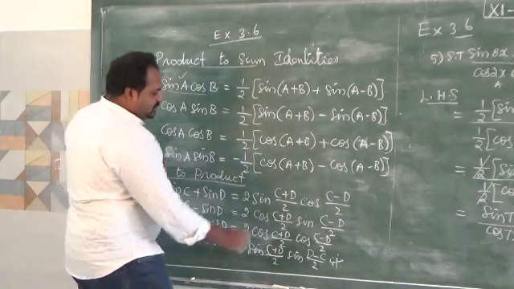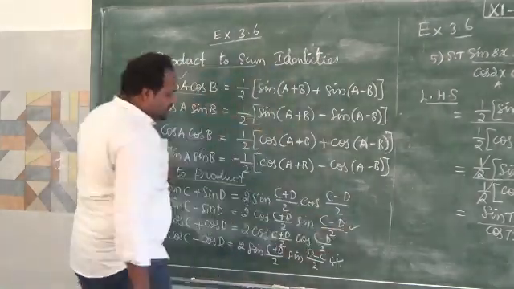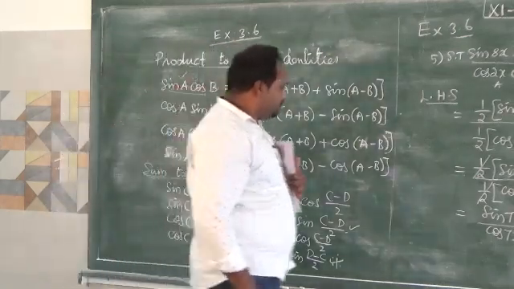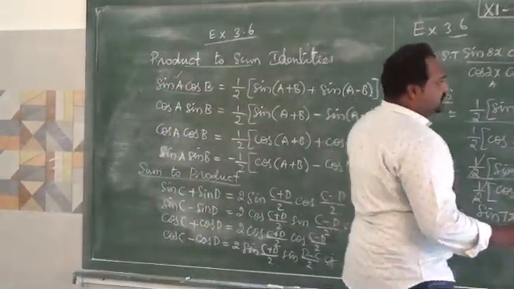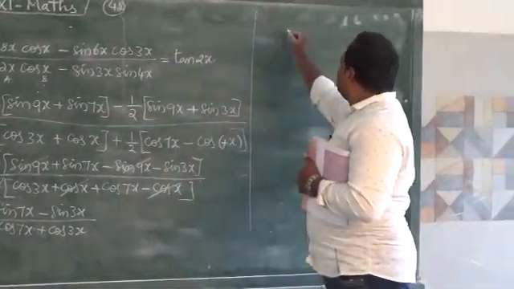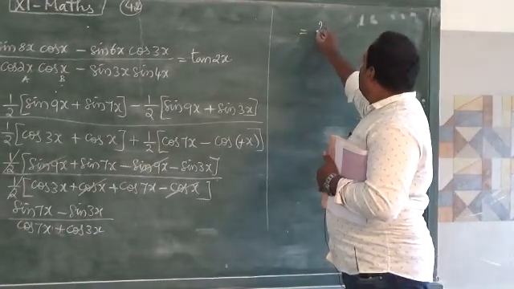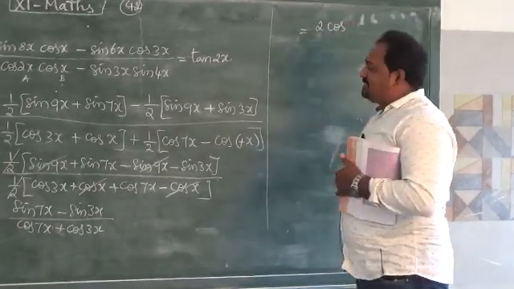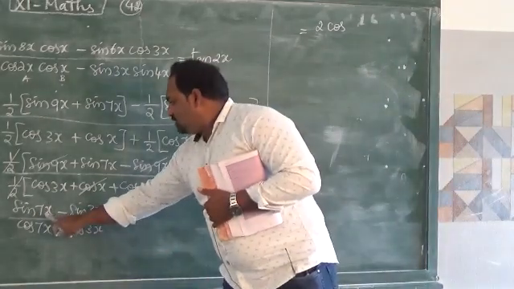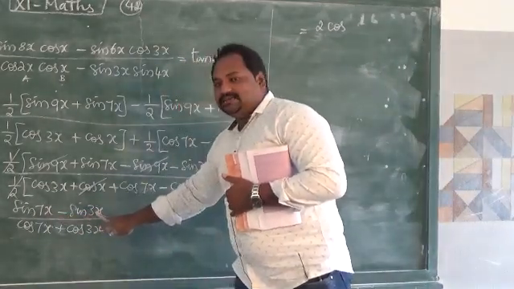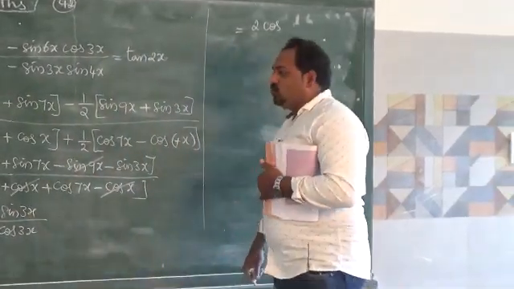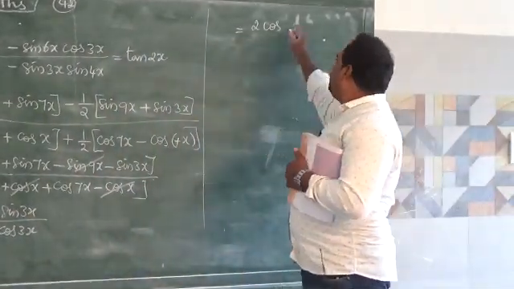So here we can use the identity, which is 2 cos C plus D by 2 sin C minus D by 2. Here this can be written as 2 cos C plus D by 2. C is 7x, D is 3x, C plus D is 7x plus 3x, 10x by 2, 5x.